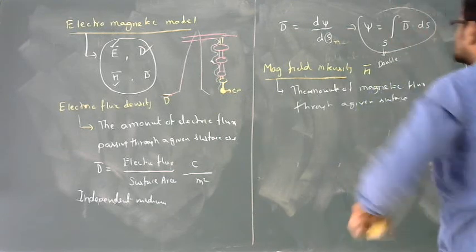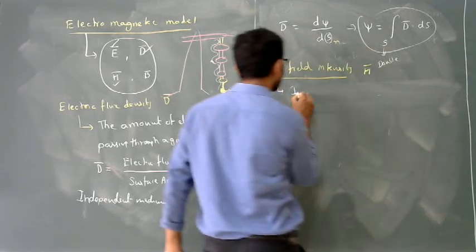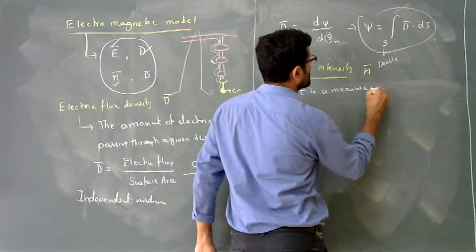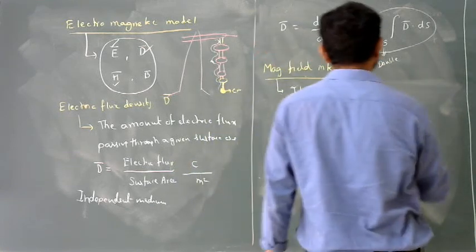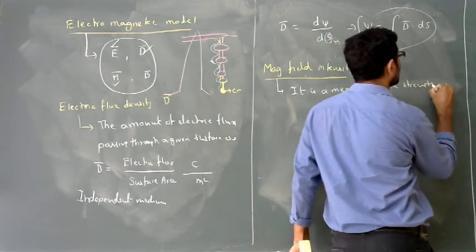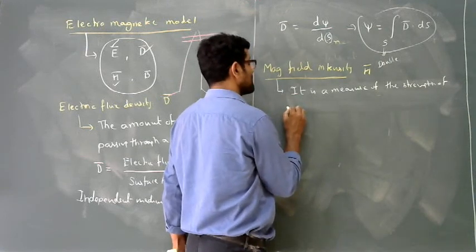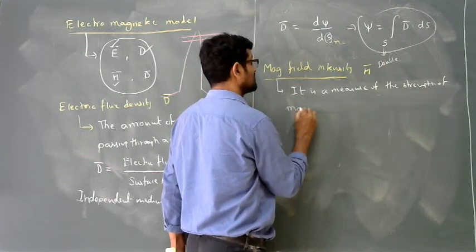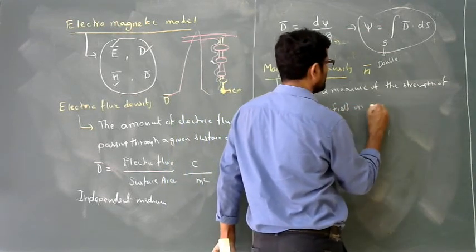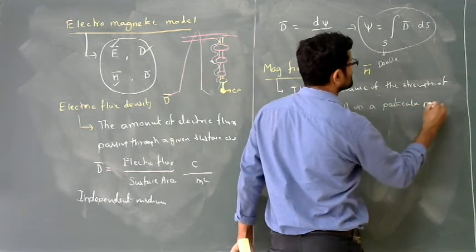So magnetic field intensity is a measure of the strength of the magnetic field at any one particular point.